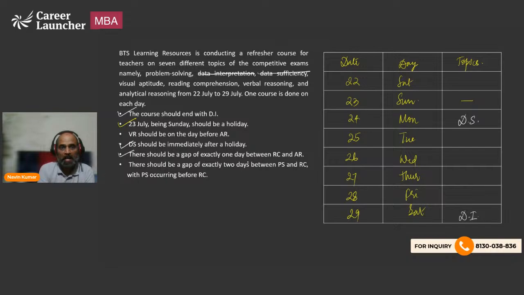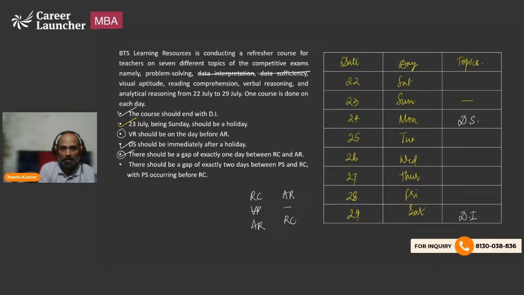Then it says there should be a gap of exactly 1 day between RC and AR, right? So if we look at the third bullet point and this fourth one, it says if we take RC, there should be a gap of 1 day, and then we should have AR, or we should have AR, gap of 1 day, and then we should have RC. And also it says VR should be on the day before AR.